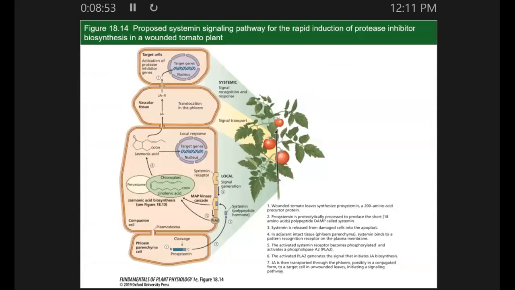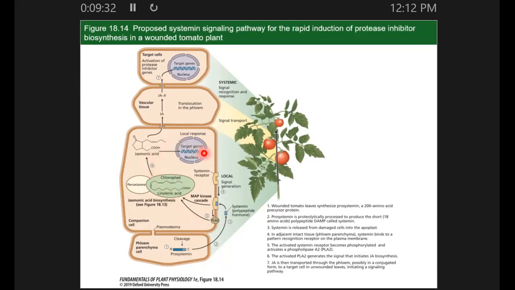So this is taking that previous slide now and showing a little bit more of the detail of what's going on. So here, if you look, this poor tomato plant is getting attacked. They're showing it's like a caterpillar on that leaf right there. And so what they're trying to show is that if you look down to the lower right, you see that systemin hormone getting manufactured, released, and then docking into the receptor in the cell membrane, and then that will trigger jasmonic acid synthesis.